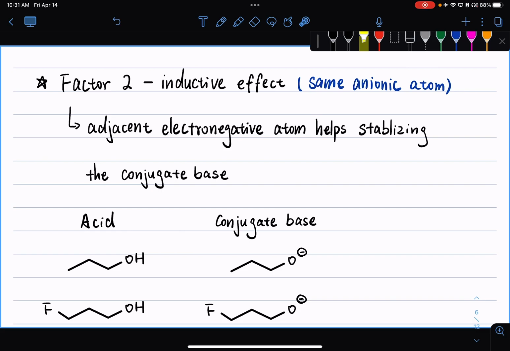But even when they're distant away, they can still withdraw electron density to themselves and stabilize the anionic charge that's being built up. So when we say inductive effect, two things. The first thing, you're comparing the anionic charge on the same atom. And secondly, we're talking about an electron-withdrawing group or electronegative group that's distant away from your anionic charge species.